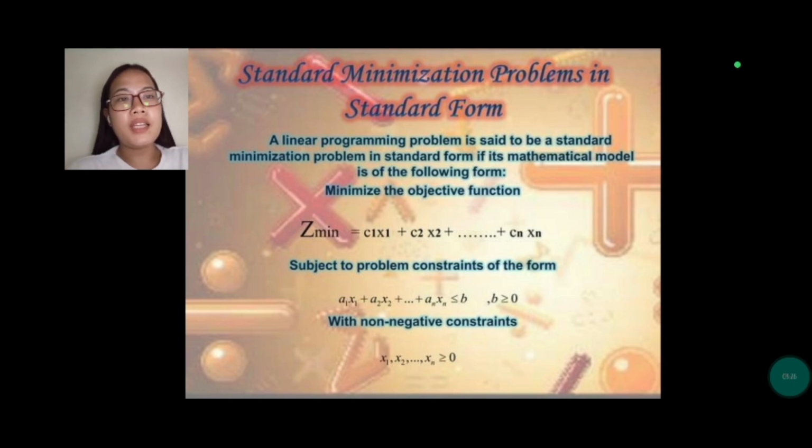A linear programming problem is said to be a standard minimization problem in standard form.